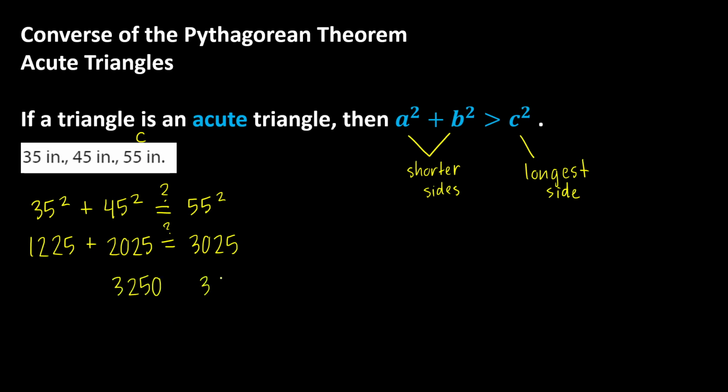And we need to compare that to c squared, which is equal to 3,025. I'm seeing that a squared plus b squared is greater than c squared. So in this case, with all three of these side lengths, you will always form an acute triangle.